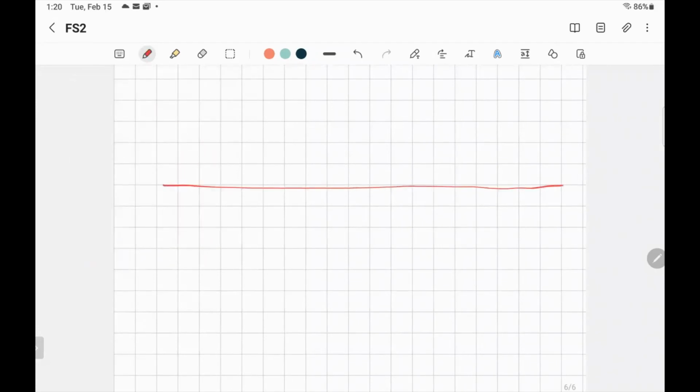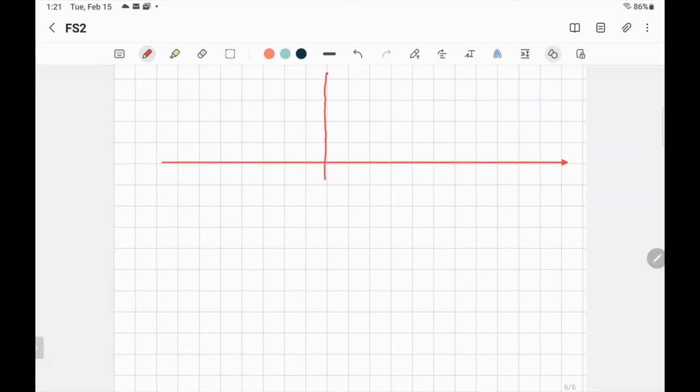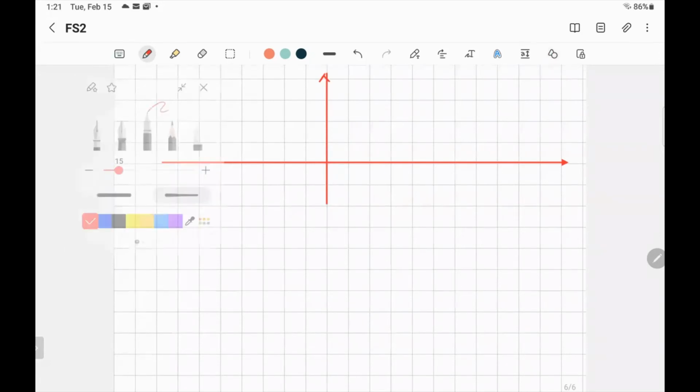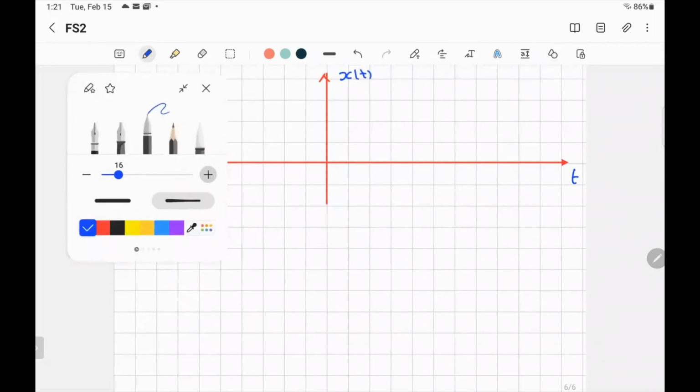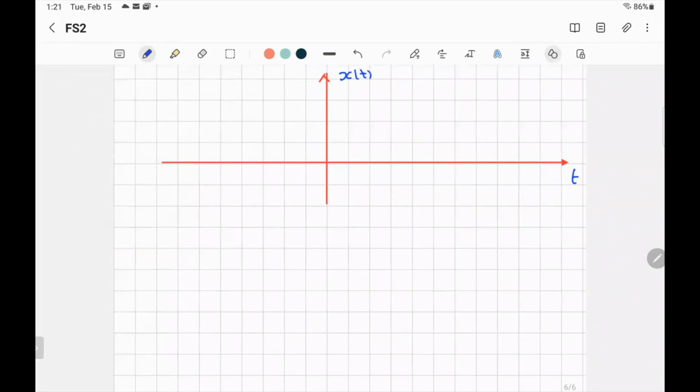That's the time axis, and that's the y-axis, and it goes like that. It's 1, and 1, 2, 3.